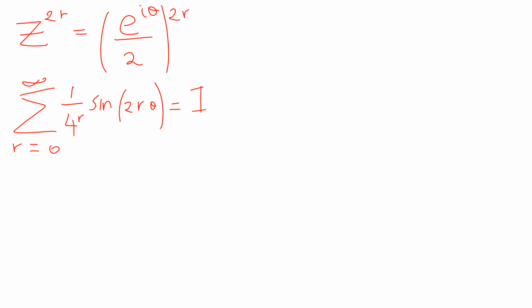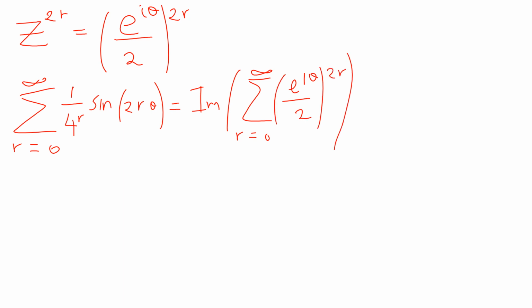The imaginary part, we saw it already, of the sum from r equal to 0 to infinity of z to the 2r, which is e to the I theta over 2, all that raised to the power 2r. Voila. So it therefore means that if the right hand side converges, then the left hand side will converge. That one is clear.